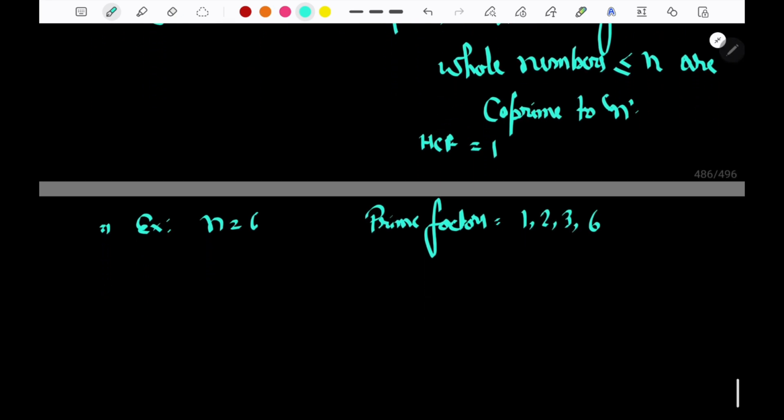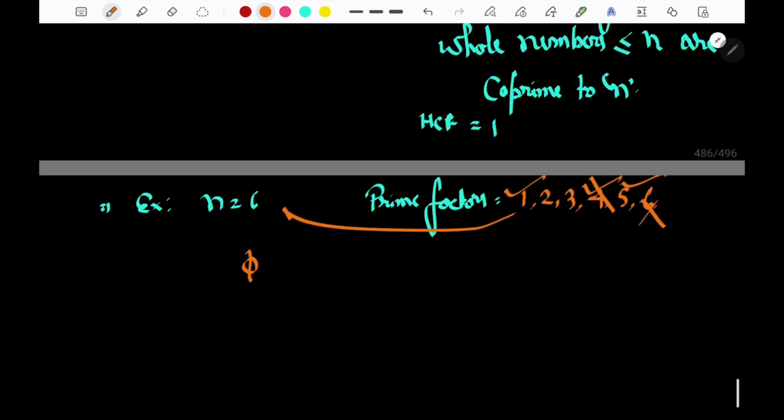It means I have to list all the numbers: 1, 2, 3, 4, 5, 6. Which of these are co-prime to 6? Of course 1 is there. 2 and 3 cannot be there. 4 is not there, they are not co-prime, because HCF of 4 and 6 is 2. 5 is there. 6 is not there. Only 2 numbers, so phi of 6 is 2.